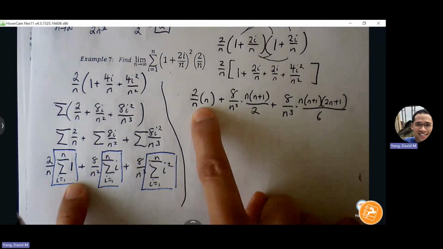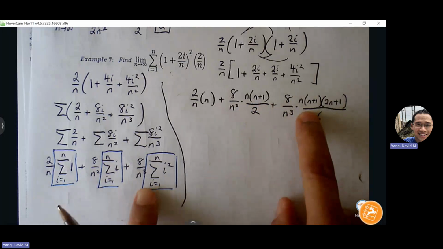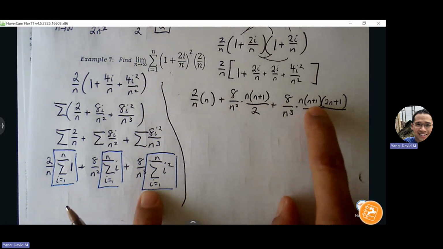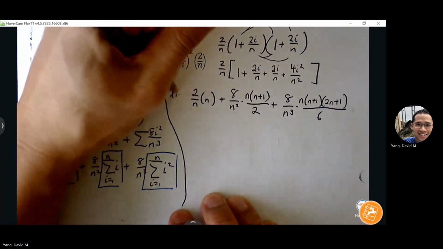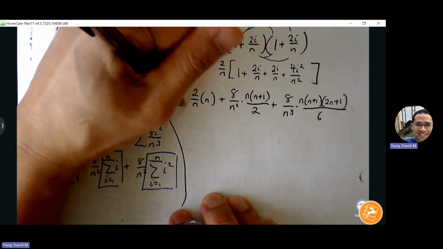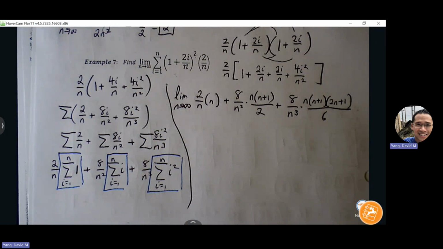Okay, so summation 1 is n. Summation i is n times n plus 1 over 2. Summation i squared is n times n plus 1 times 2n plus 1 all over 6. I'm going to put a limit in front. I'm going to evaluate the limit of each fraction and compare degrees for all of them.